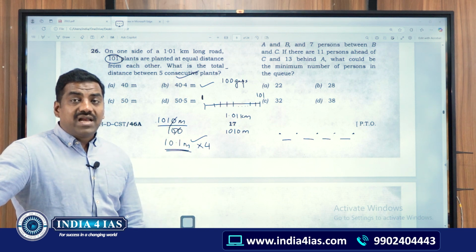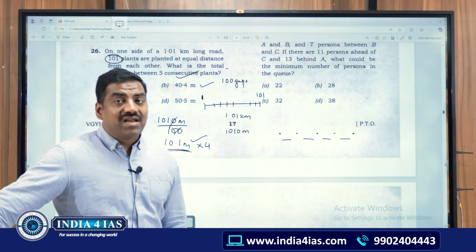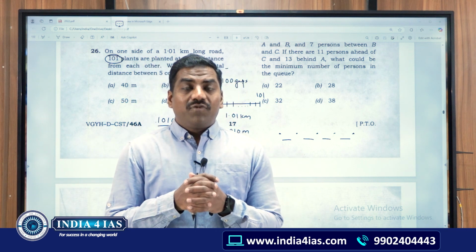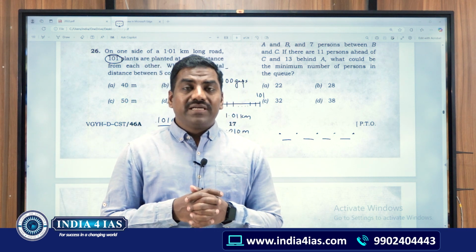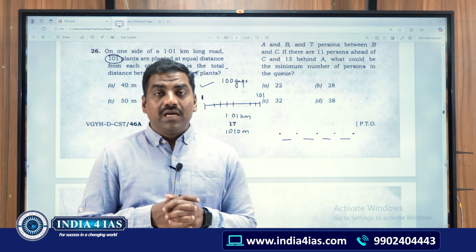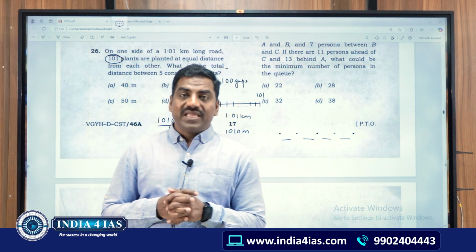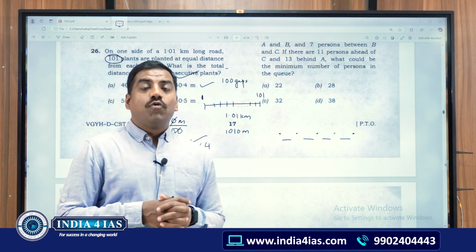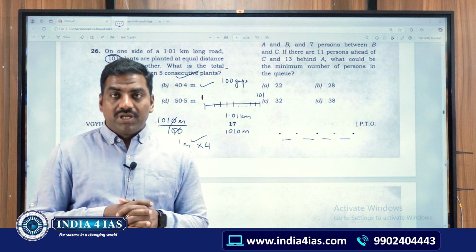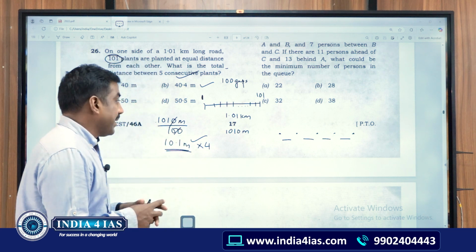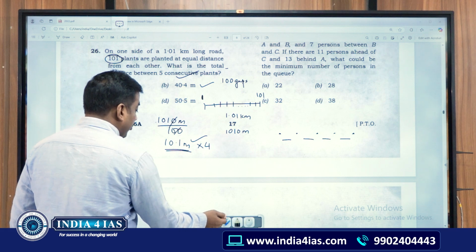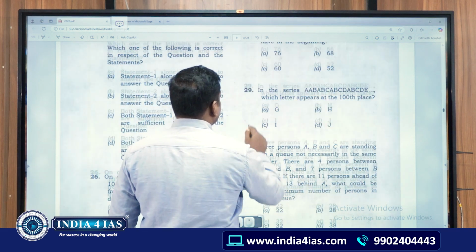When they take 101 plants, they will take 101 gaps and they will calculate the gap of 10 meter each. But that is wrong. And here we are planting 5 plants, so 4 gaps will be there, 4 gaps of 10.1 meters each. So 40.4 meter is the gap. So one of the very good questions here in this paper.